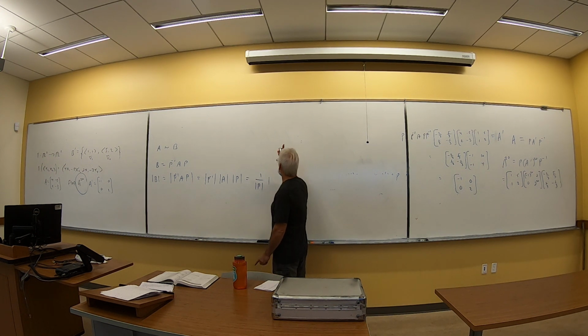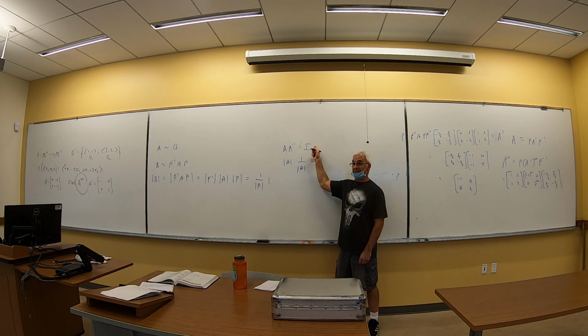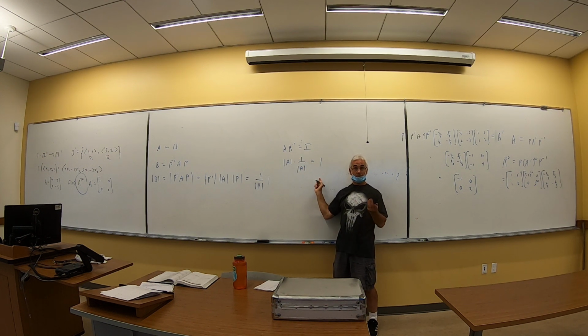How do you know that, by the way? Just in general, A times A inverse equals the identity, and the determinant of the identity is the number 1. That's why the determinant of A inverse has to be the reciprocal of the determinant of A, otherwise you couldn't get a 1.